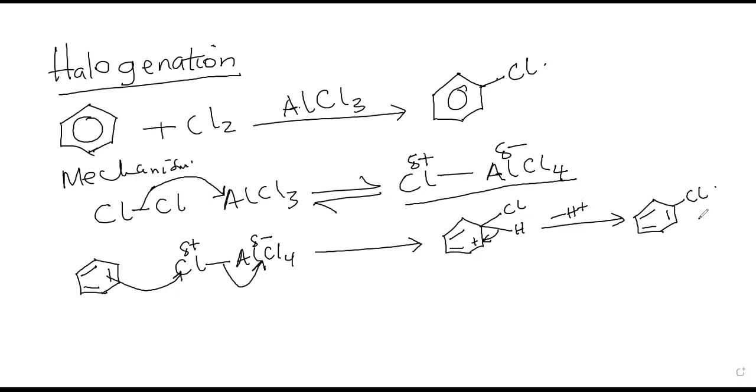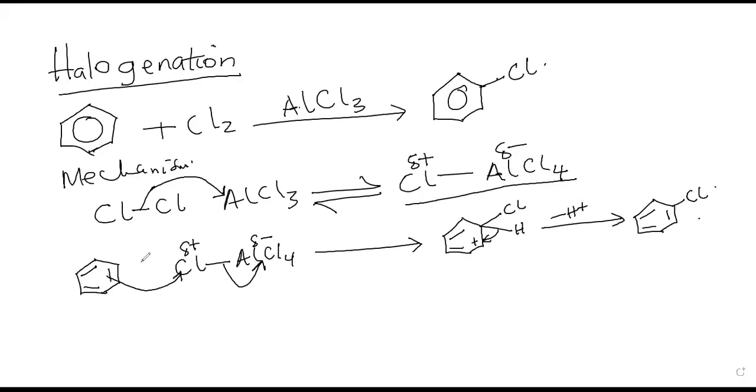Now reaction B, related to this. Based on the previous example, you do this when the halogen is given and the halogen carrier is given. But sometimes we deny you the halogen carrier.